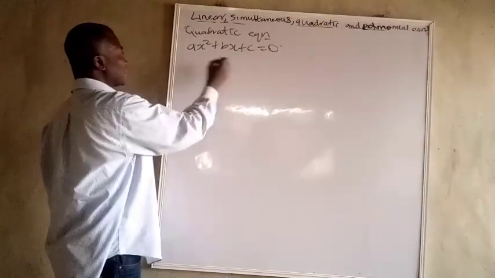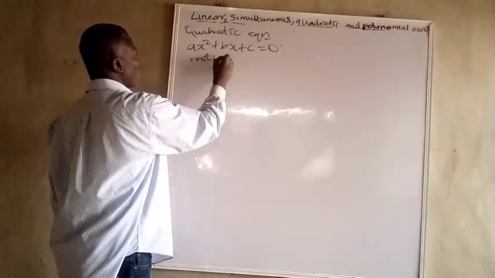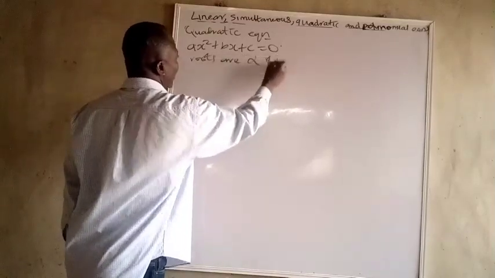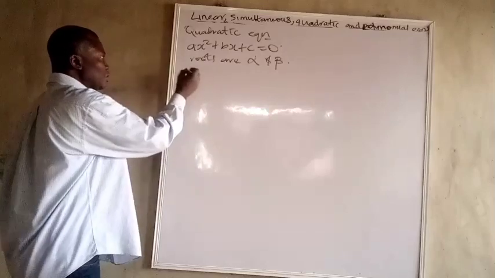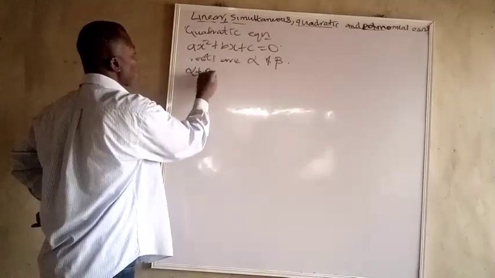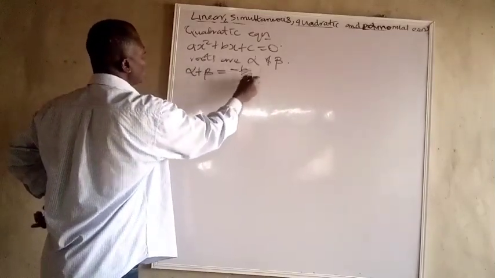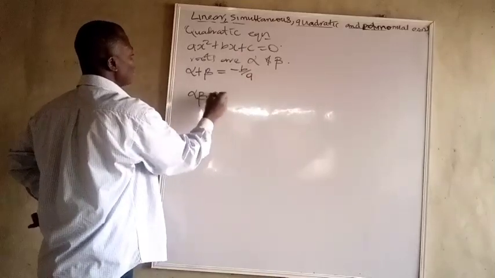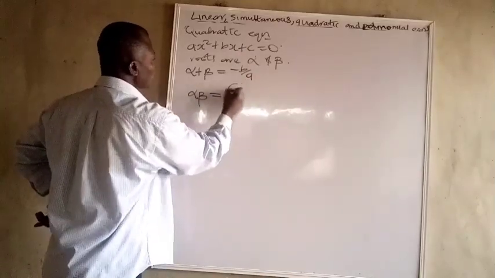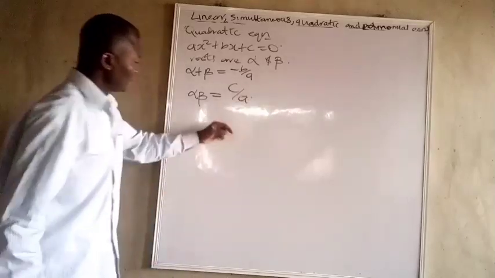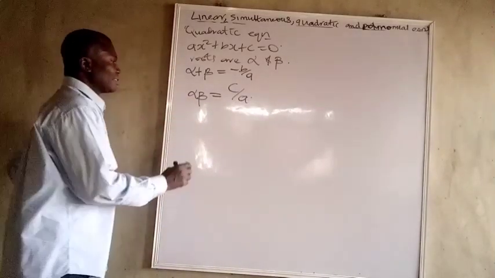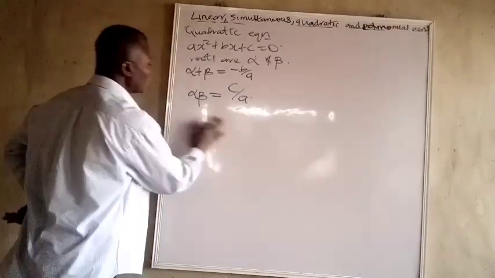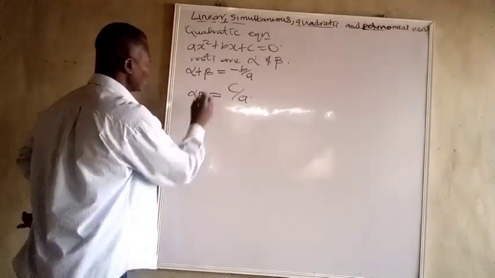So, if the roots are alpha and beta, we know that alpha plus beta will be equal to minus b over a, and alpha beta will be equal to c over a. That's what you observe.